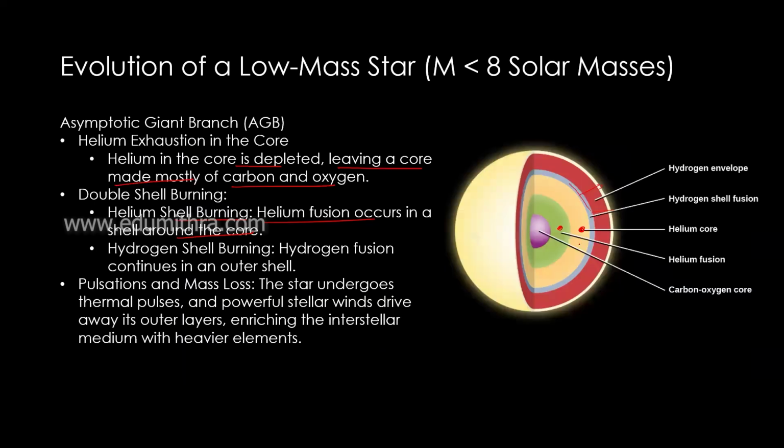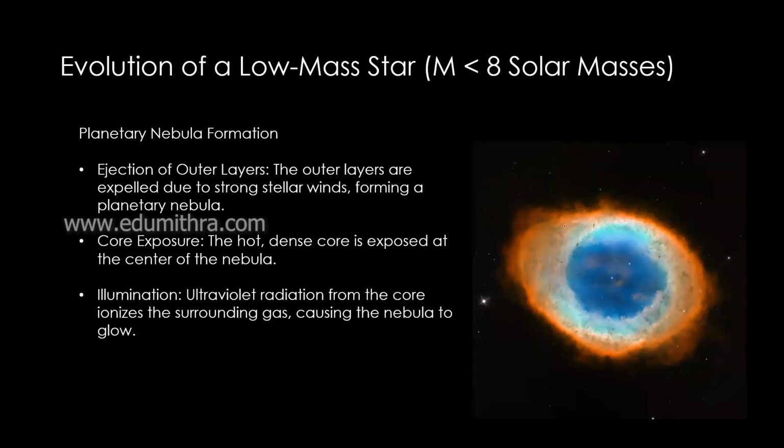So we had a carbon and oxygen core here, and the remaining outside layers, like the helium burning and hydrogen burning shells, will expand to form a structure like this called a planetary nebula.